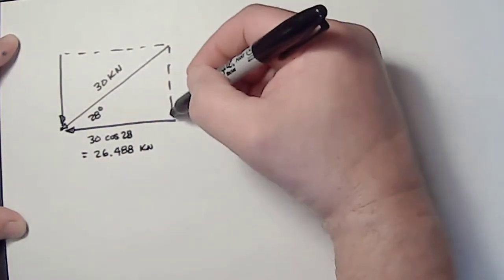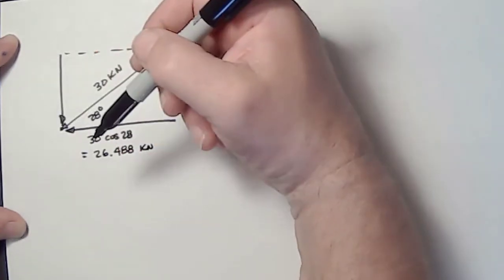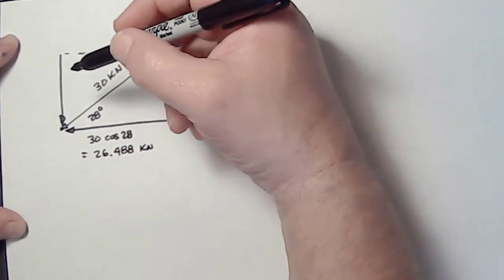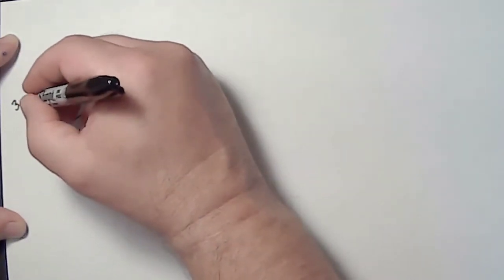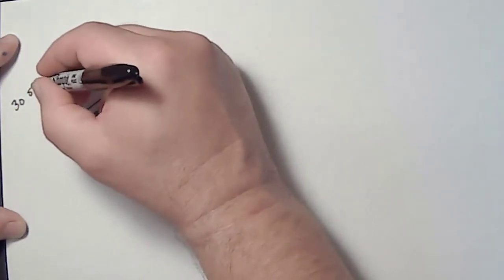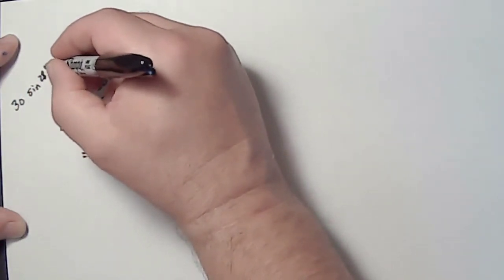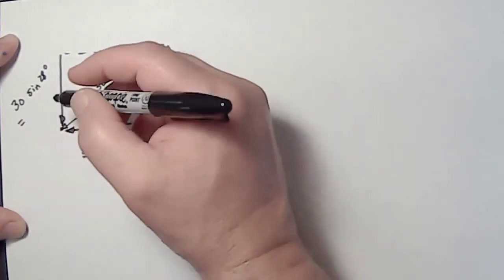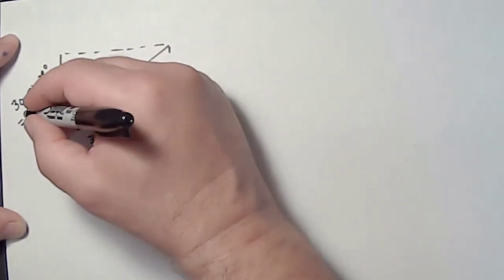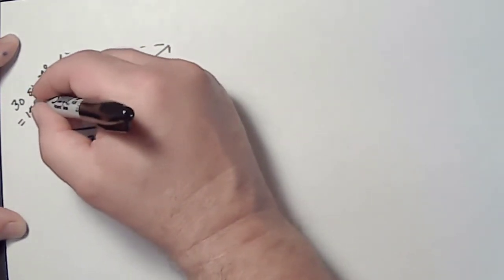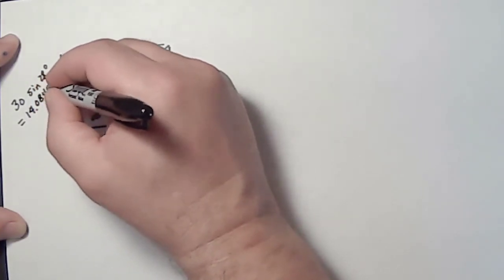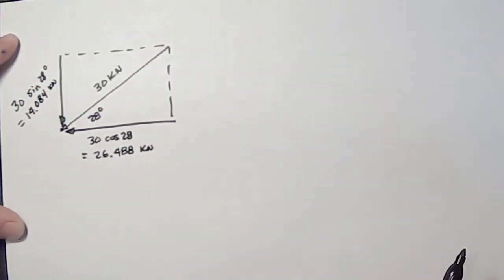Next, this leg, which is the same as the force in the vertical direction, is 30 times the sine of 28 degrees, and that's 14.084 kilonewtons.